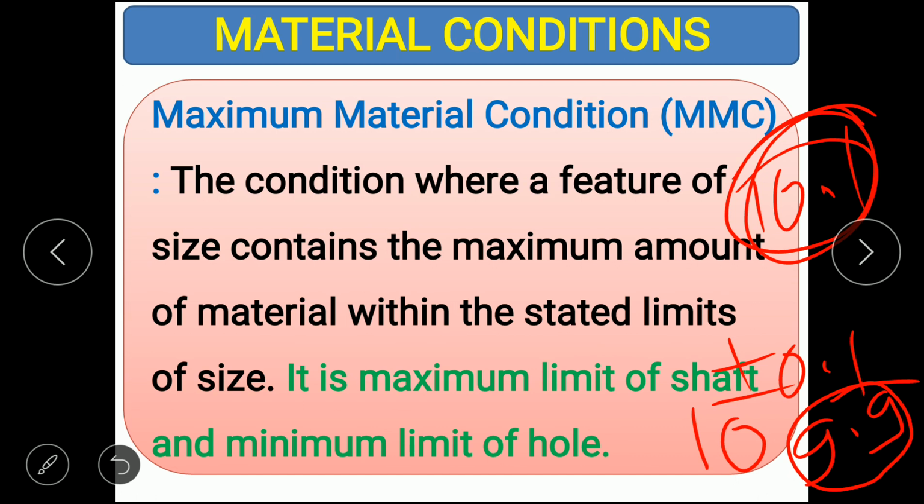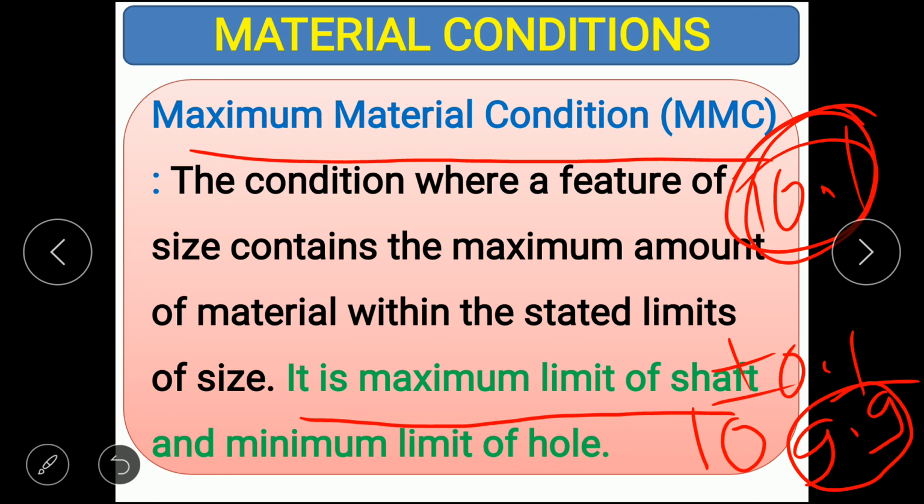You can see here, it is the maximum limit of the shaft. What we are discussing is the maximum material condition for the shaft. 10.1 is the maximum material condition. And for the hole, as the size of the hole increases, the material decreases. Why? Because we are going to remove material to increase the size.